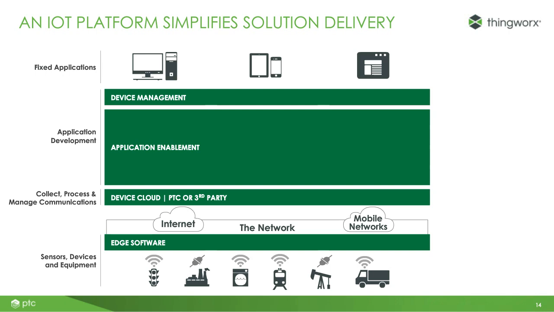So a device cloud is essentially where the model and the data of the actual physical object lives. Digital twin is a term that's been out there in the market, and essentially a digital twin is a digital representation of the actual physical object based upon the sensor data and data streams that physical object is producing.